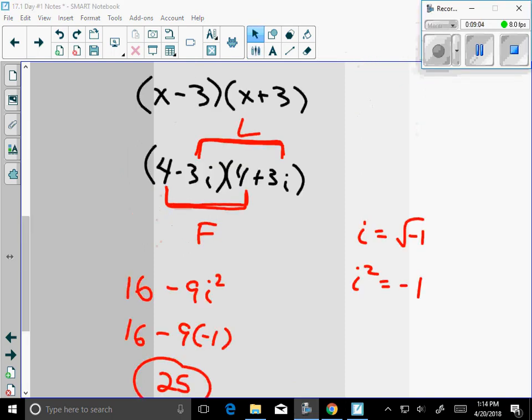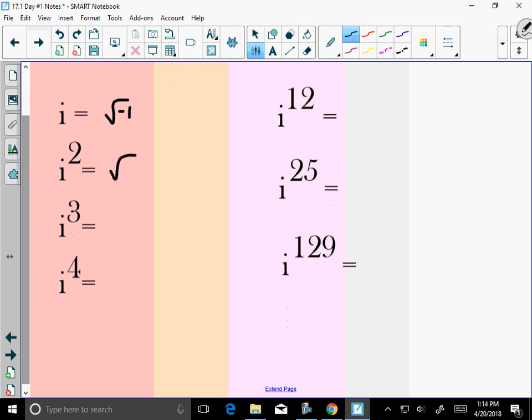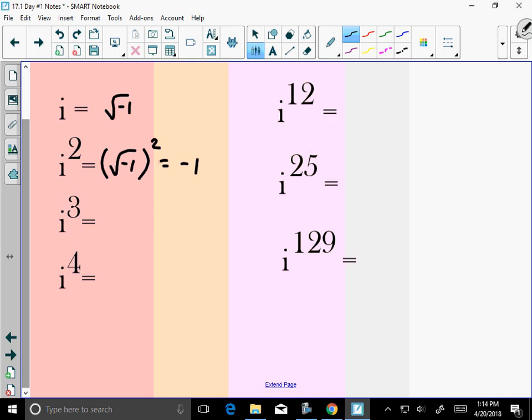So what we can do with complex numbers is, well, first of all, let's talk about i, right? We already know that i is the square root of negative 1. If I square that, I get negative 1. i cubed is like i times i squared.